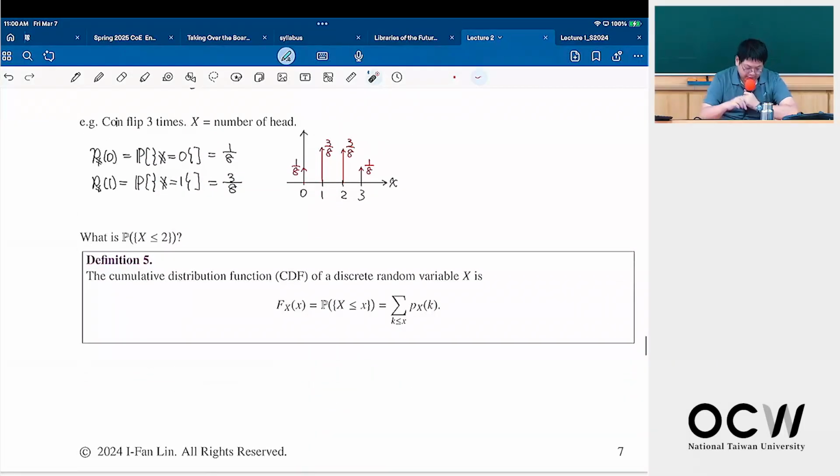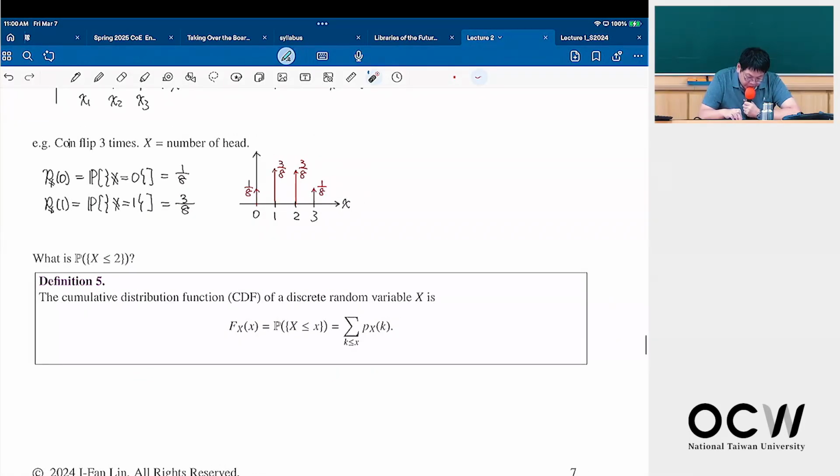So here we also have another function called the cumulative distribution function, CDF. For the discrete random variable, here is the formula. This is the definition. The CDF of X is equal to the probability of your random variable X less than or equal to some certain value x. And since it is a discrete random variable, I can do the summation.